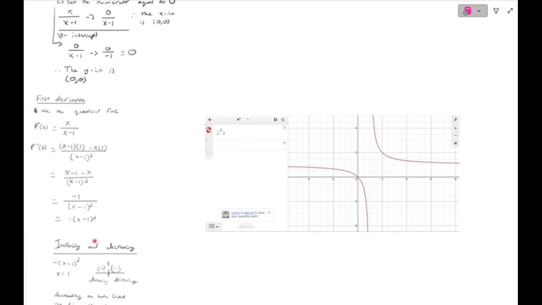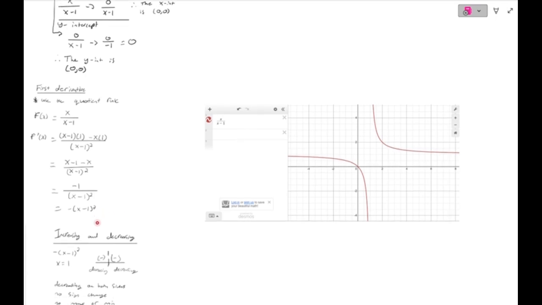Next, I find the first derivative using the quotient rule. So the derivative is negative 1 over (x minus 1) squared. The denominator is always positive and the numerator is negative, so the derivative is always less than 0.